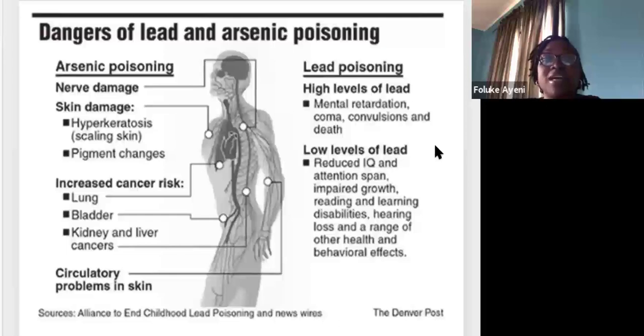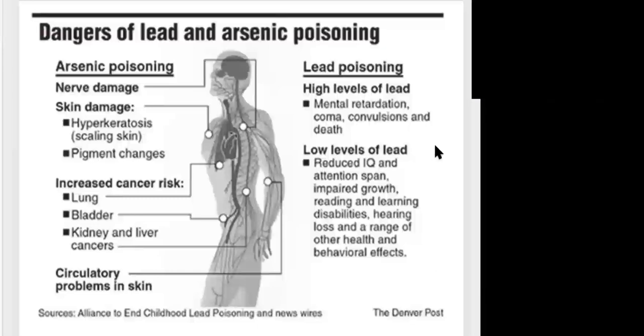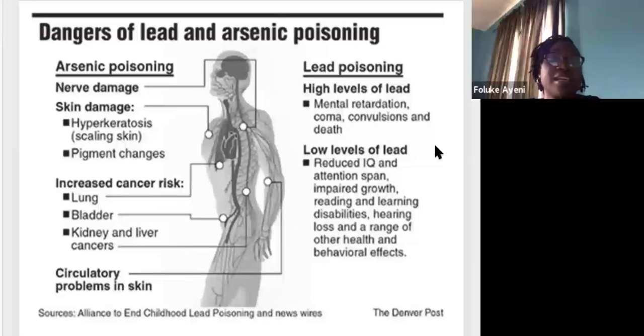In particular, the dangers of lead and arsenic poisoning is highlighted here. I put it here for us to know that it had effects on practically every aspect of the body. And it was something that was utilized as a poison by people, so to say, to cause deleterious effects in their perceived adversaries.